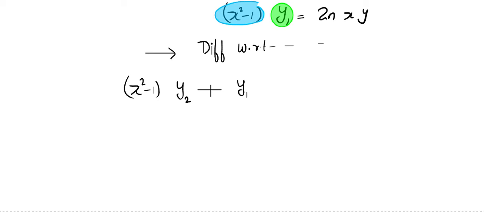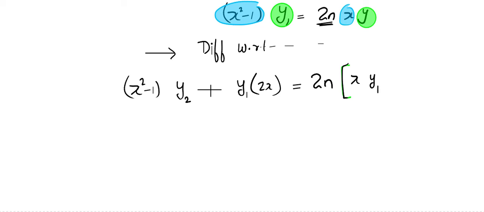Come on, 2x, is equal to, now look at this, 2n is a constant, so I'm going to keep this 2n. But still, look at the last part. We have a product, x into y, so we have to apply product rule. We get x into y1 plus y into 1.